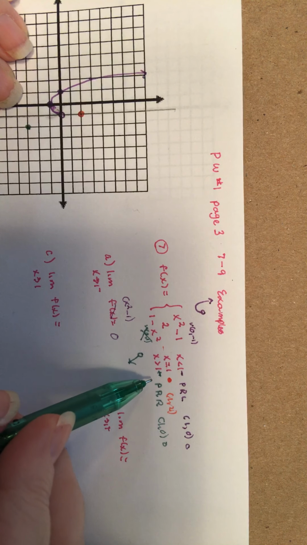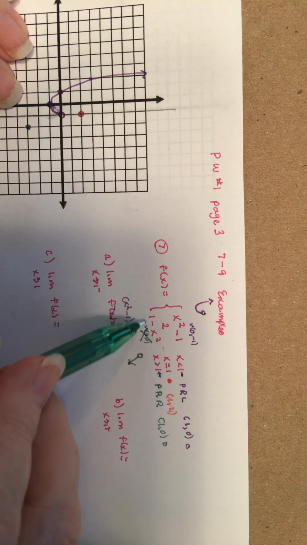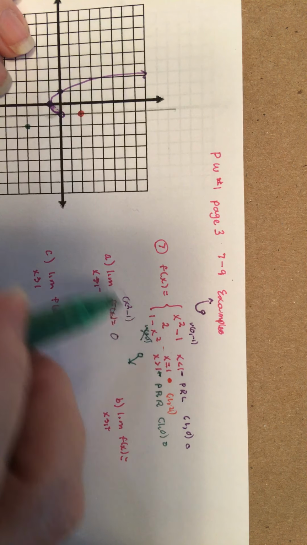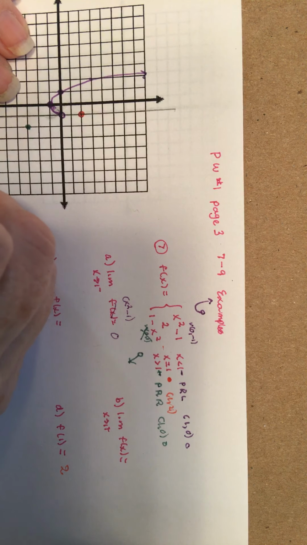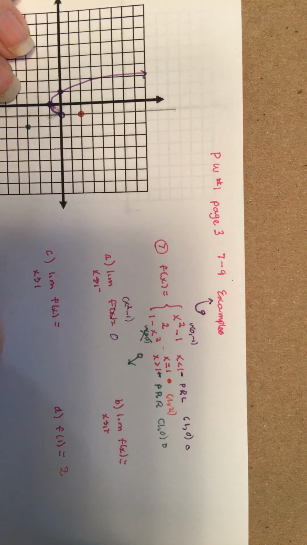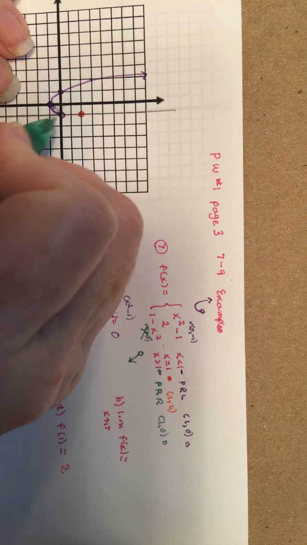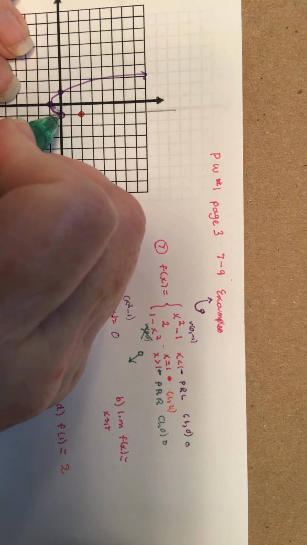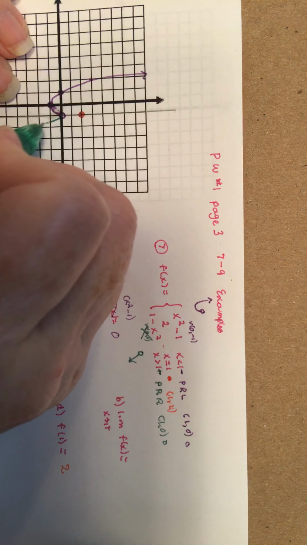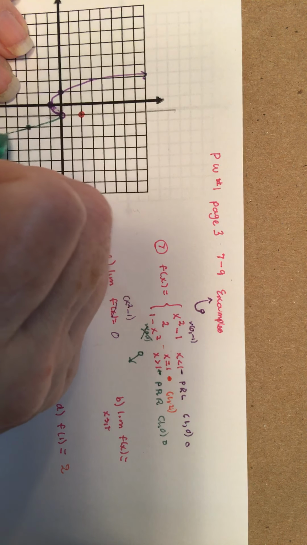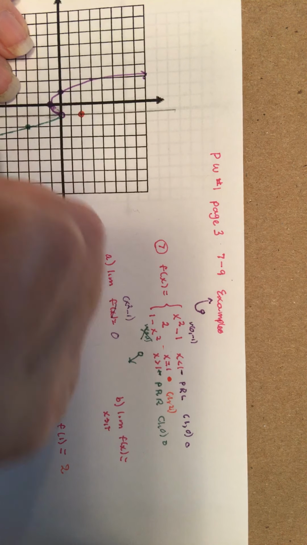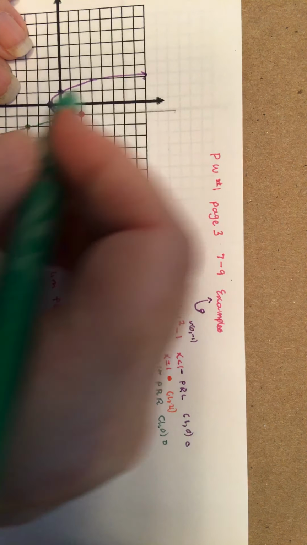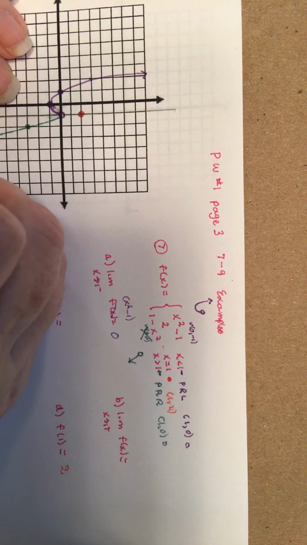And maybe we could go over to 3, and 1 minus 9 is -8. And down here would be that point. And I can see that it's still curvy. It's still taking a curvy look to it. So do not try to make it like a straight line like we had on page 2.